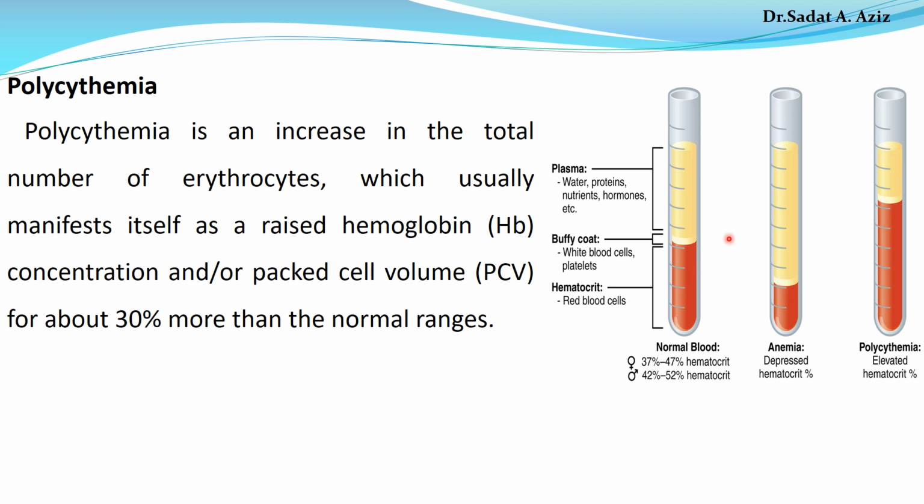In the normal cases, the packed cell volume is near to the height of the packed cells or red blood cells, nearly has the same height as the plasma. Okay, but if you have a look here, we have a high column of the packed cells with a trace of the plasma.